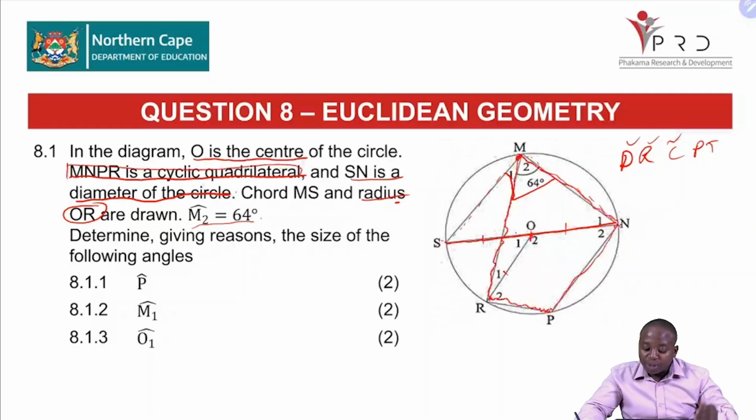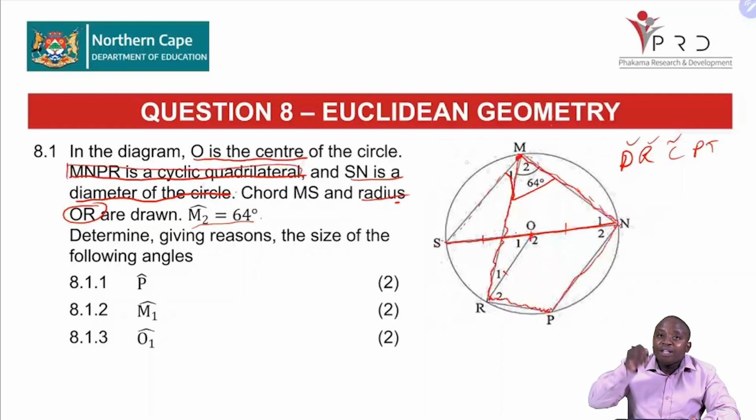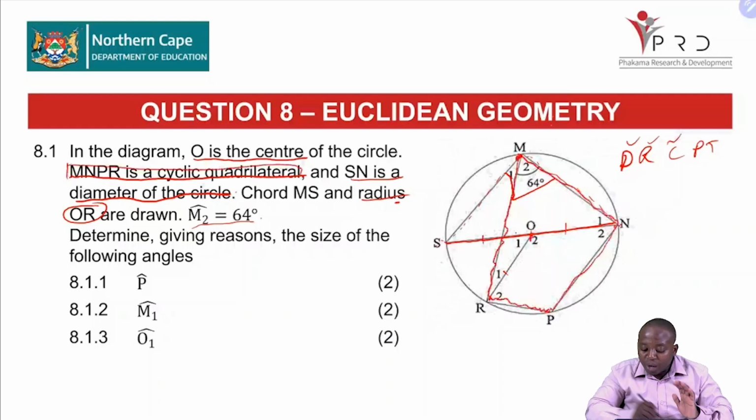We are going to look at the exterior angle of a cyclic quad, which is equal to the opposite interior angle. I can see there is no line extended out of that cyclic quad. The extended line must be a continuation of a line that forms that cyclic quad. I don't have any continuation of a line, so I don't see any exterior angle of a cyclic quad. So I can only depend on the opposite angles being supplementary.